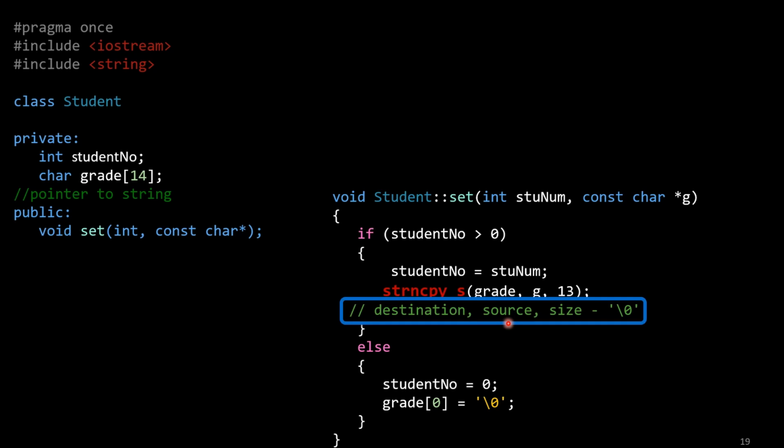The second parameter is the source that we are copying from. And finally, we're copying the size minus the null terminator, which gives us the number 13, exactly one less than the size of our char grade array. Finally, if the condition of the if statement is not met, we go into the else. In this case, we assign 0 to student number, and we assign the null terminator to the actual array.